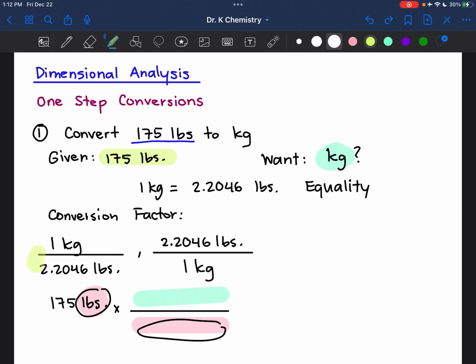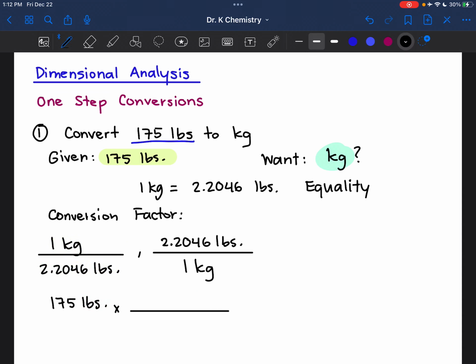The only conversion factor that we have listed that matches these requirements is the conversion factor on the left, because that puts pounds in the denominator and kilograms in the numerator. So I'm going to use that version of the conversion factor. I'm going to put the 2.2046 pounds on the bottom and 1 kilogram up top. Now that the pounds are diagonal from each other, they're going to cancel out.